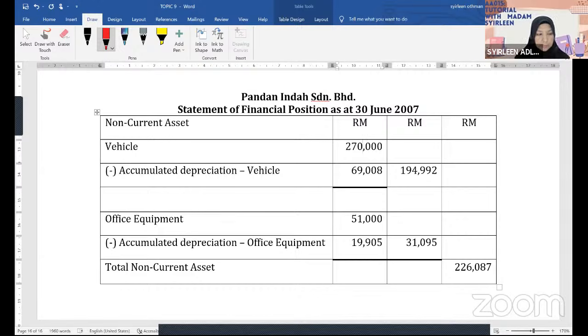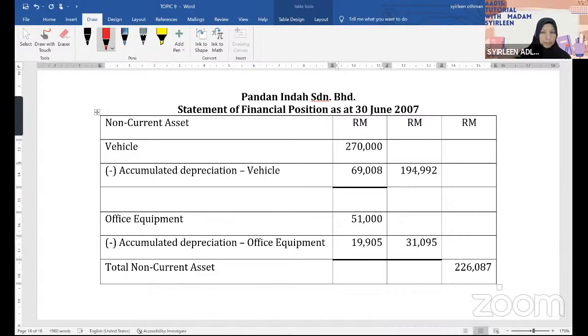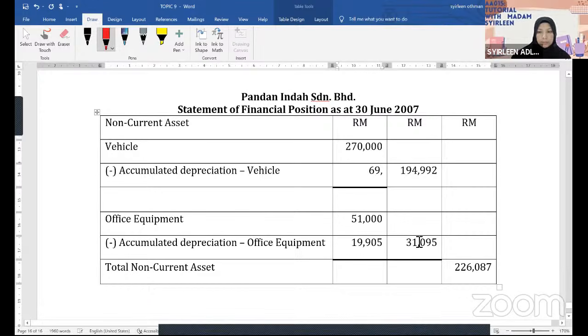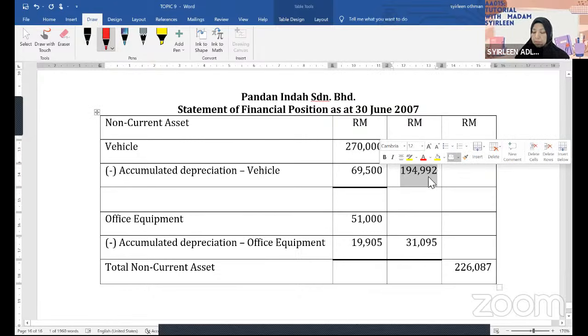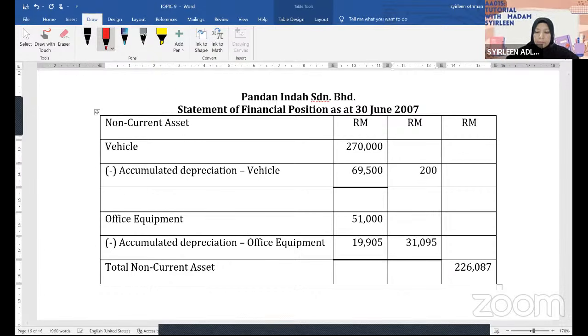Okay. The accumulated depreciation for the vehicle, kalau you tengok balance CF dia tadi ialah 69,500 ringgit. Okay. Alright. So here the amount is 200,500 ringgit. Okay. So ini untuk vehicle.